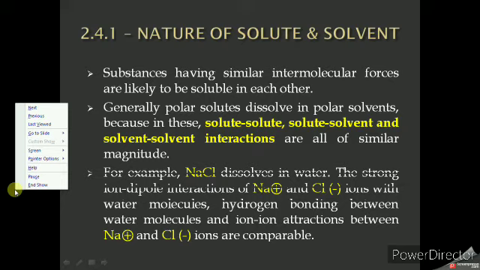As well as, in case of water there is hydrogen bonding, and in Na+ and Cl- ions there is ion-ion attraction, and all these are comparable.